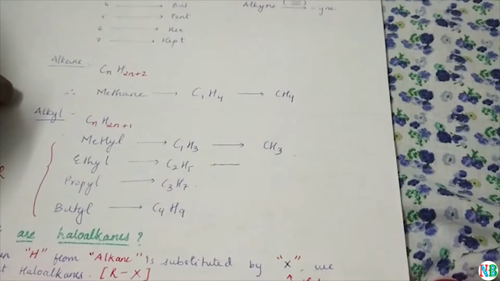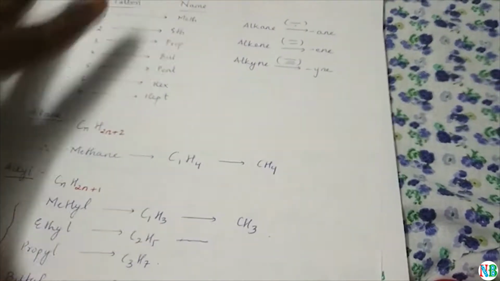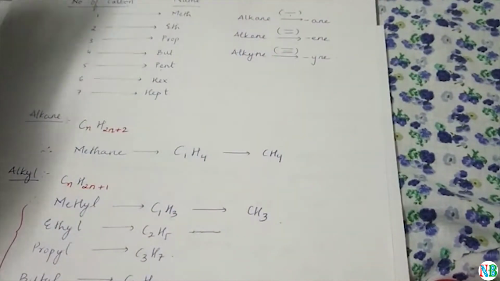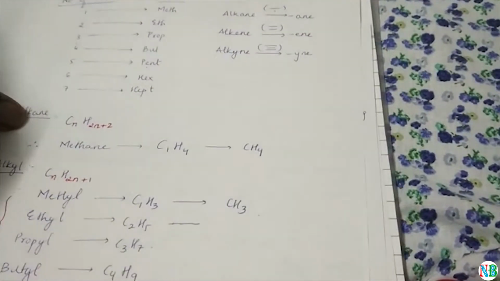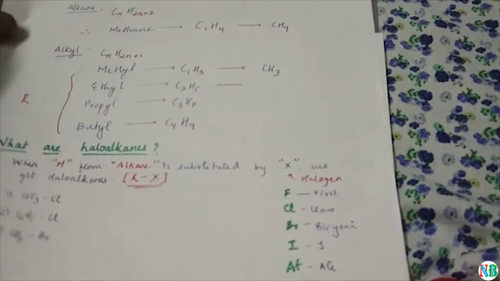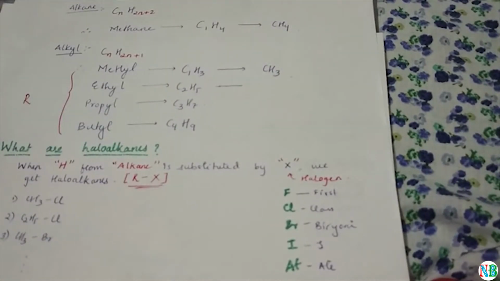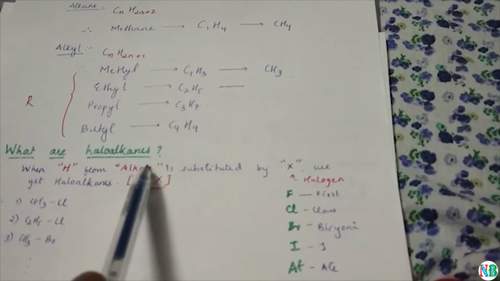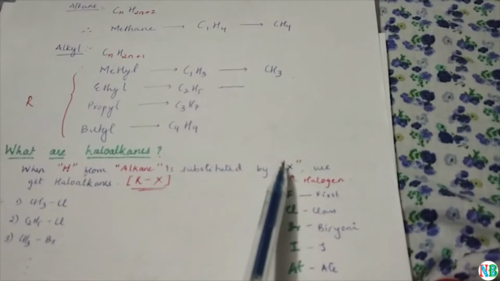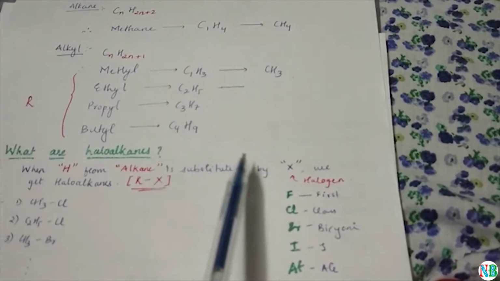Now we are done with the basics needed to revise for this chapter. Moving further, what are haloalkanes? Haloalkanes are derived when a hydrogen from an alkane is substituted by X, where X is your halogen.